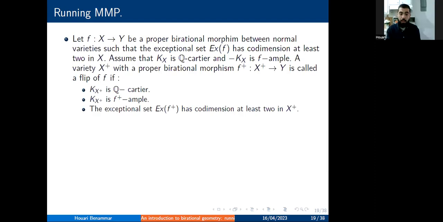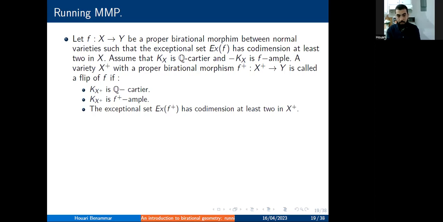Okay. So now we define a very important transformation in the MMP program, which is called the flip. A flip is defined by Shokurov in some sense, or Shokurov and Mori also. Mori also had some intuition.